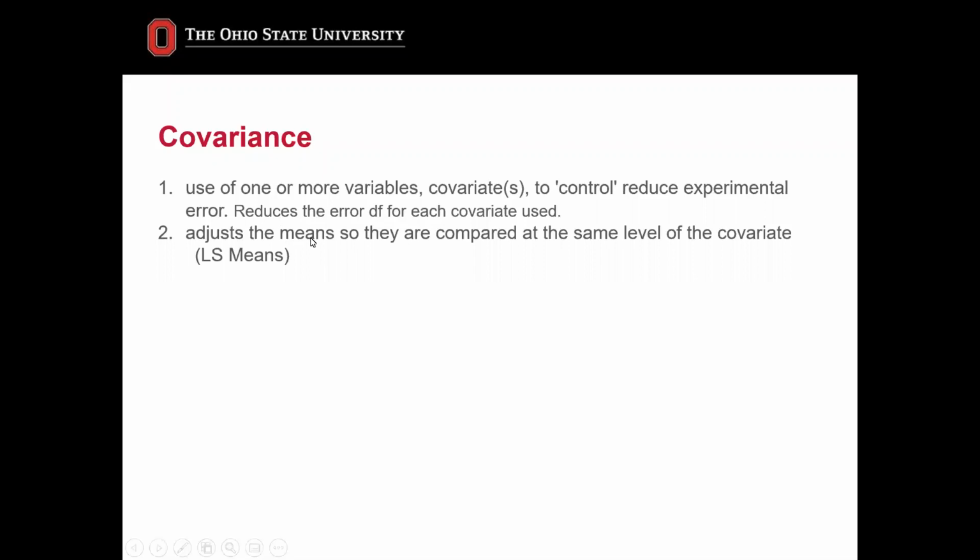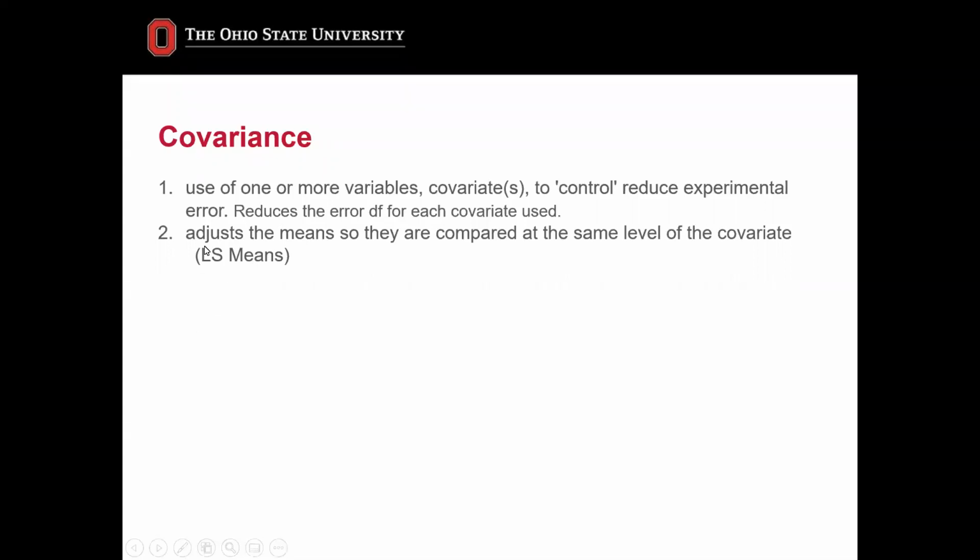We also will adjust the means so that they'll be compared at the same level of the covariate, and to do this we use LS means in both R and SAS.